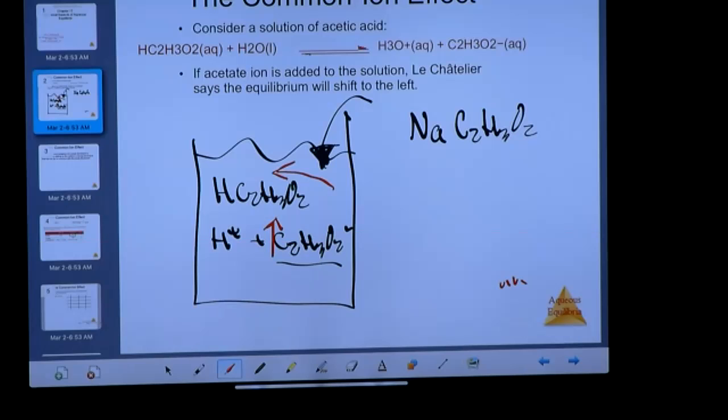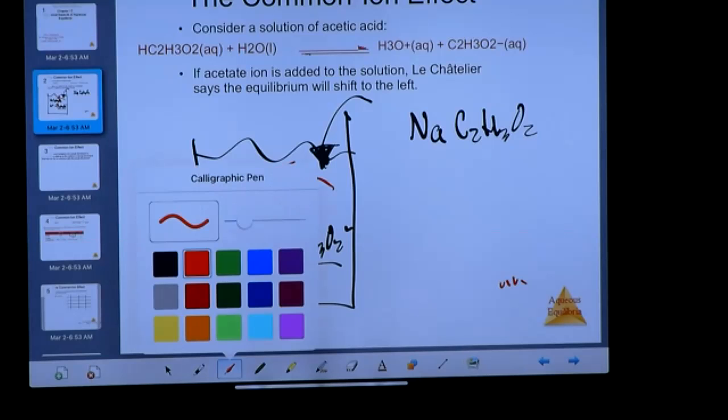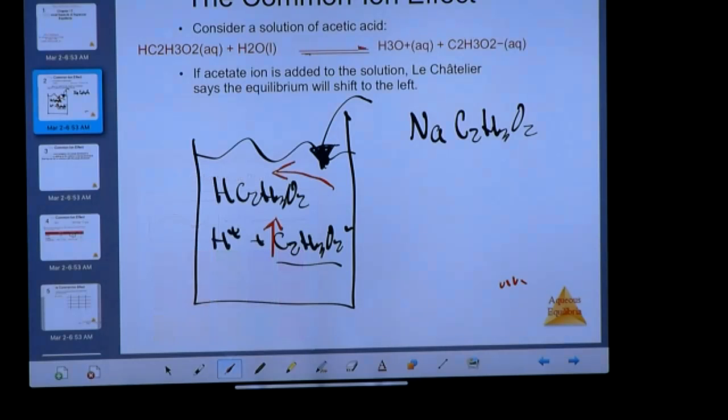It becomes less acidic, and we'll talk about why. Let me write this horizontally, and it might be a little bit better looking. So let's go here. So I'll write a little smaller. So I have HC2H3O2, and then my double arrow, and it makes H plus and C2H3O2 minus.